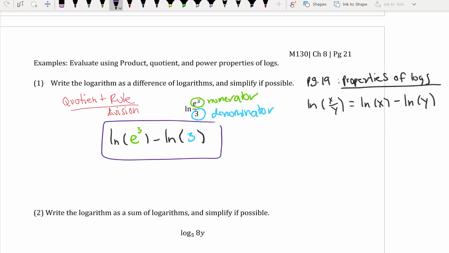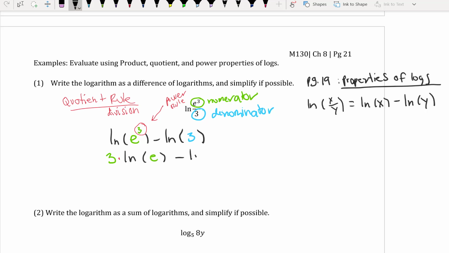Or actually, that's not my final answer. The reason why is because I still have here a power. So now I have to use the power rule. So that 3 is now going to be put in front, and this is being multiplied by the natural log of e minus ln of 3.